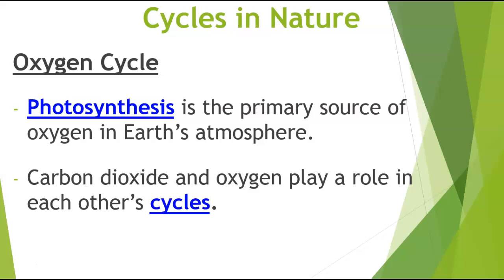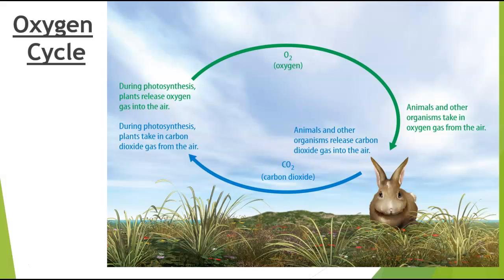Based on the fact that oxygen is found in the molecule of carbon dioxide, and the fact that oxygen and carbon dioxide are both an important part of photosynthesis, this means that they actually play a really important role in each other's cycles. And so we're going to take a little bit of a look at what we mean by that.